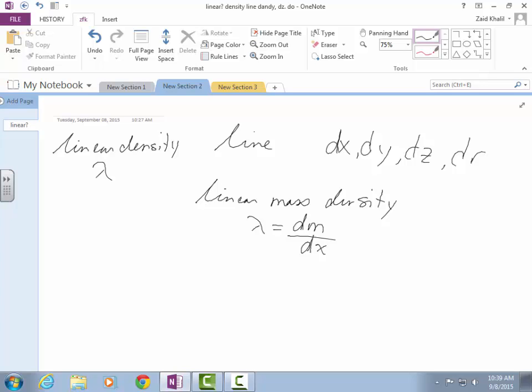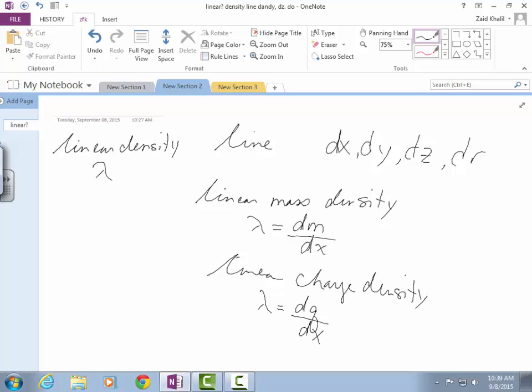Similarly, if we're dealing with linear charge density, lambda equals dq/dx.